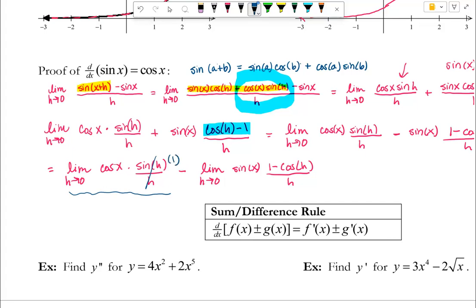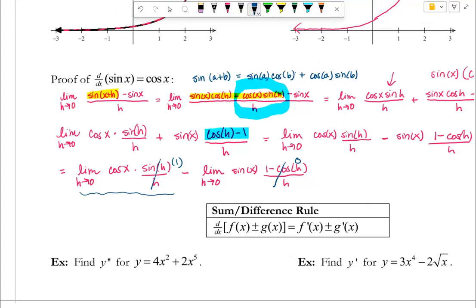So really, I could think of this first limit as being the limit as h approaches 0 of the cosine of x times 1. And then if I remember my other trig rule, that when I have the limit of 1 minus cosine of some junk over the same junk, that's going to become a 0. And again, these were the two trig limits that we learned in Unit 1.